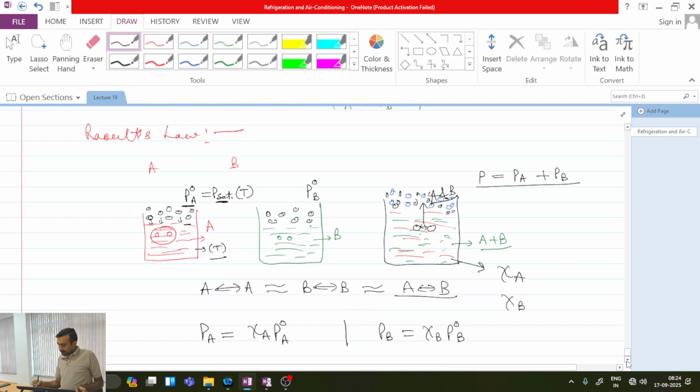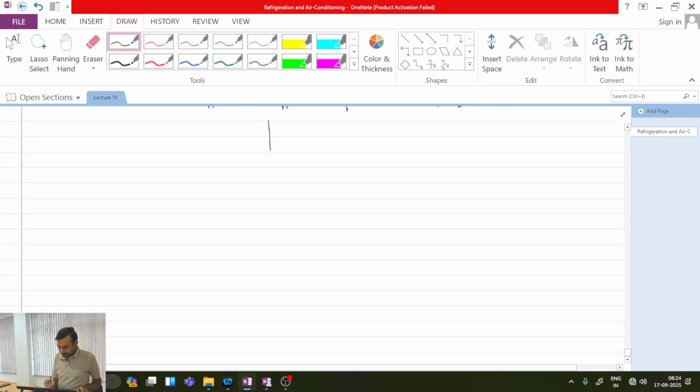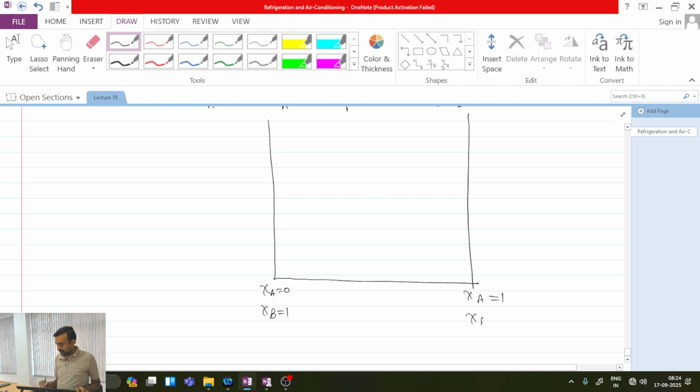So it means that for this mixture, if I plot mole fraction over here, say here my chi A is 0 and chi B is 1. Here chi A is 1 and chi B is 0. And say this side is my pressure.